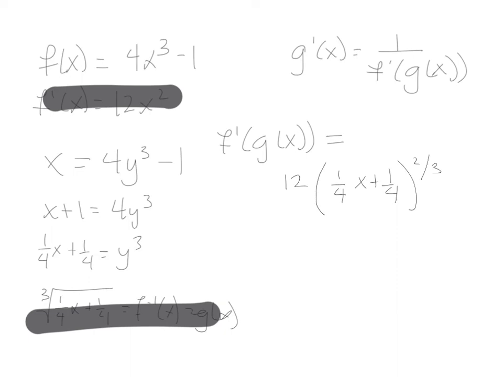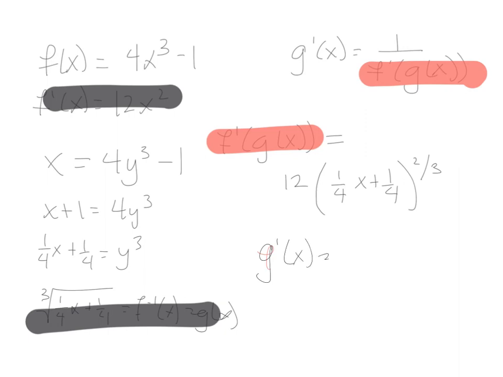Now this is f prime of g, that's what this is. So 1 over this is actually the derivative. Let me rewrite. All right, so g prime of x is actually 1 over 12 times 1/4 x plus 1/4 to the 2/3.